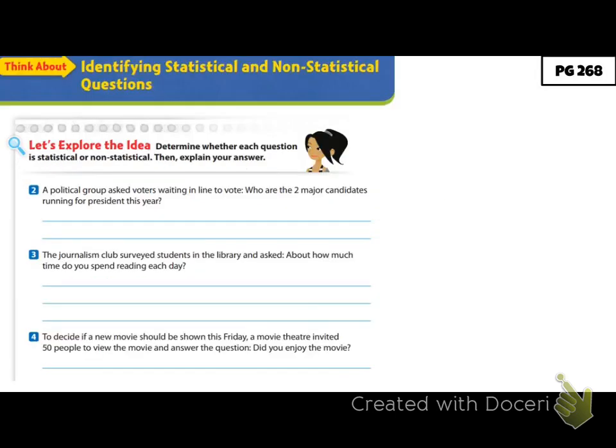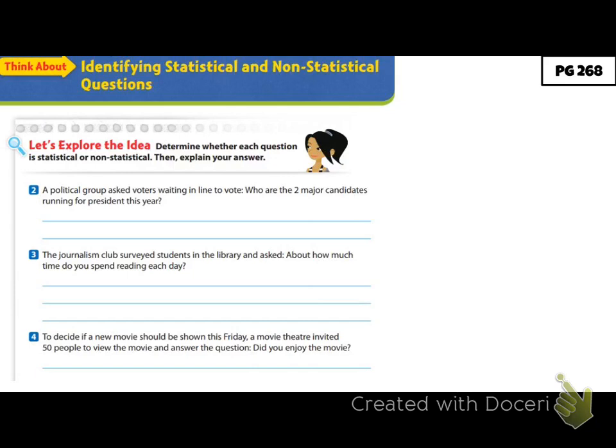So now let's go through and explore it a little more, and we're going to determine whether each question is statistical or non-statistical and then explain why. So number 2 says, a political group asked voters waiting in line to vote, who are the 2 major candidates running for president this year?